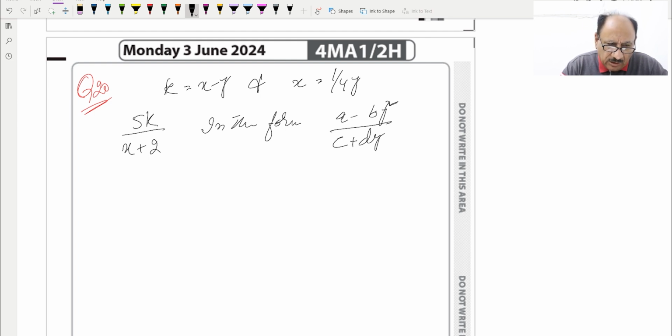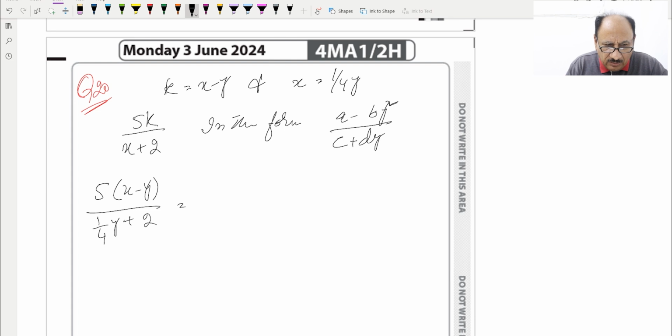So we will replace the values: 5k we can write as 5 times x minus y, over x value we will replace, that will be 1 over 4y, plus 2.